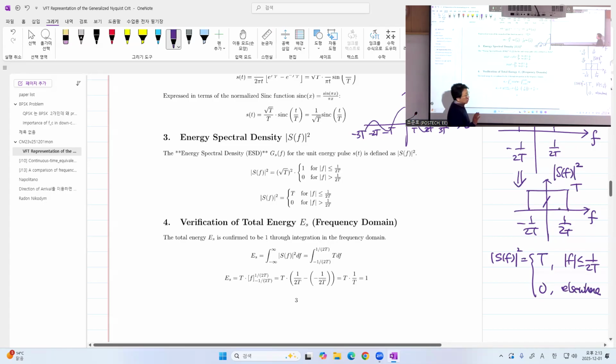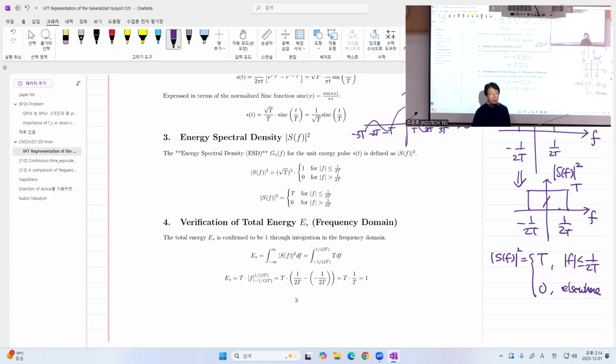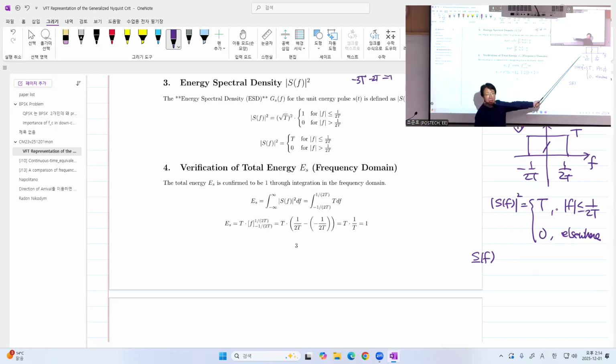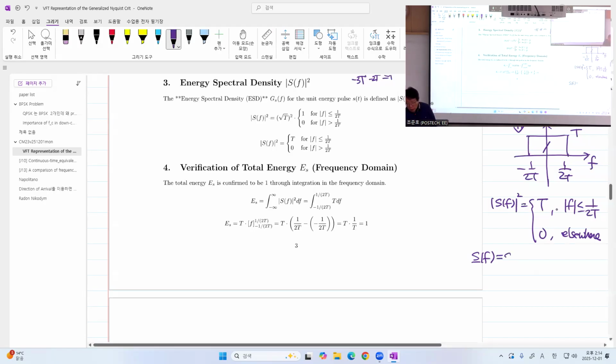Now, since we are going to use vectorized Fourier transforms intensively, let's consider the vectorized Fourier transform of this s(t). Usually, a vectorized Fourier transform is a vector valued signal. However, since this is band limited to plus minus 1 over 2T, the vectorized Fourier transform is the same as the Fourier transform.